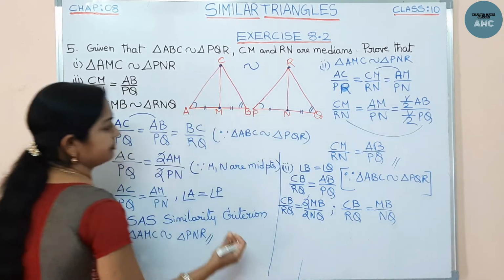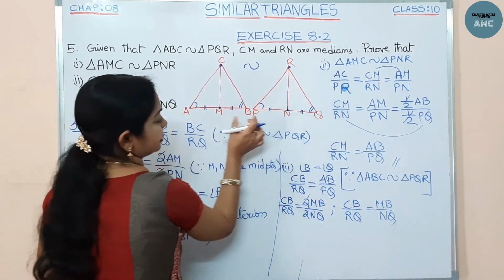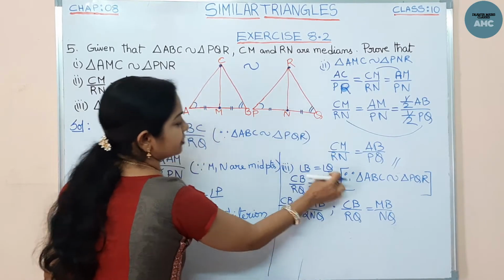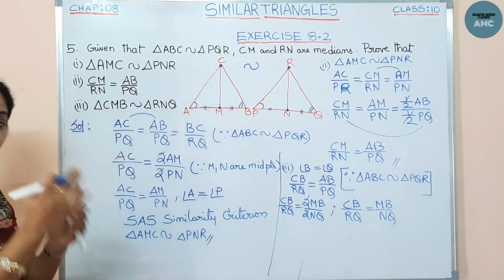Now let's see, CB by RQ, MB by NQ, these two sides, and the angle B is equal to Q, that means the included angle.